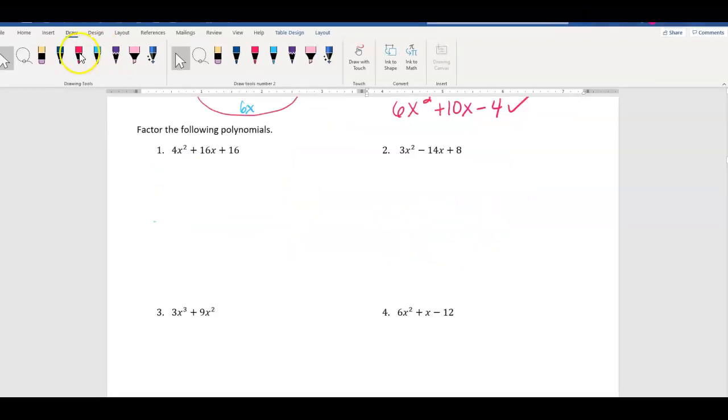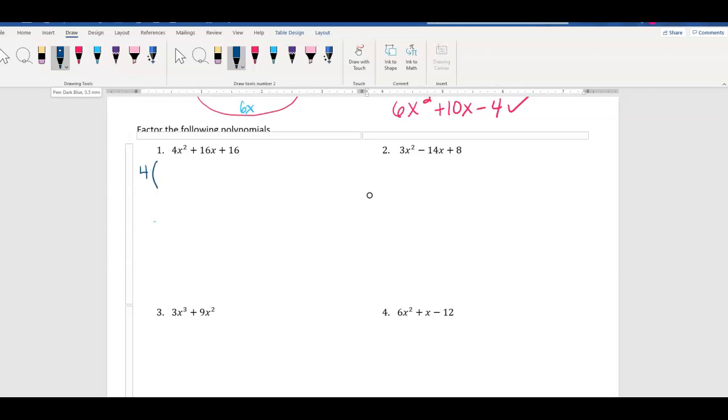So if I look at number 1, again, I need to ask myself, do I have a greatest common factor? And I sure do, and that is 4. I can divide all of those by 4. When I take out a 4, I'm left with x squared plus 4x plus 4. And then remember, I know I need to do a binomial times a binomial.